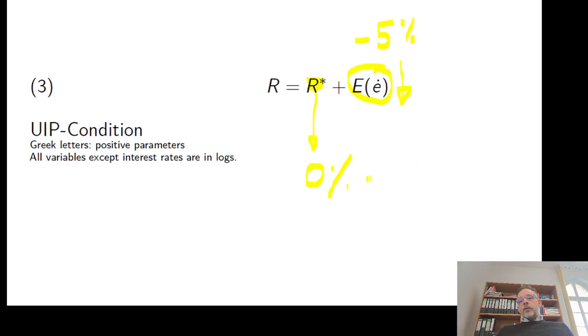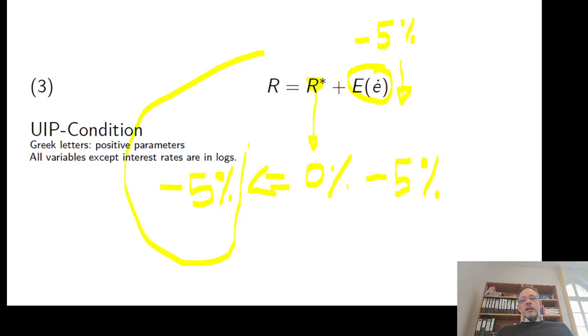Then the UIP condition looks as follows: the foreign interest rate is equal to 0%, and the expected exchange rate change is negative 5%. So it has to be the case that the Swiss central bank lowers the Swiss interest rate to negative 5%. So only a negative interest rate within Switzerland is in line with the UIP condition.